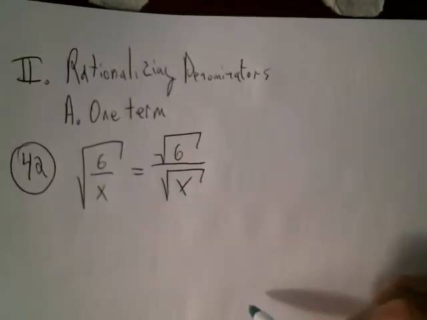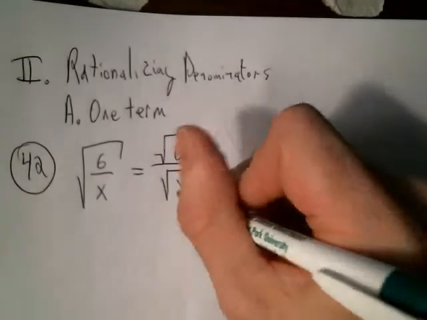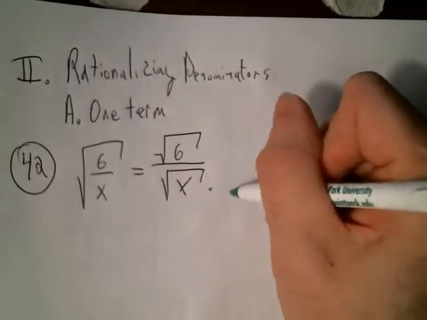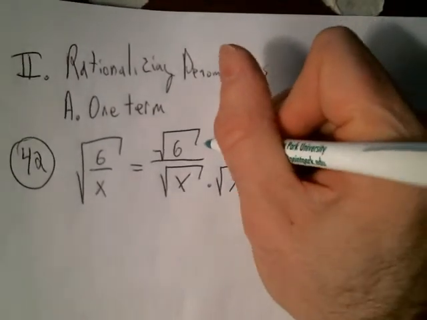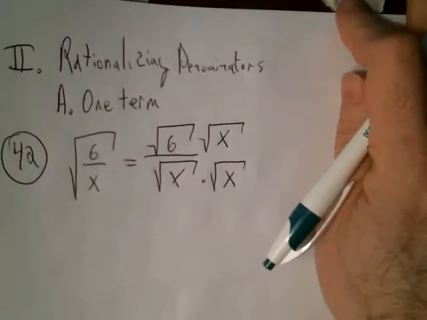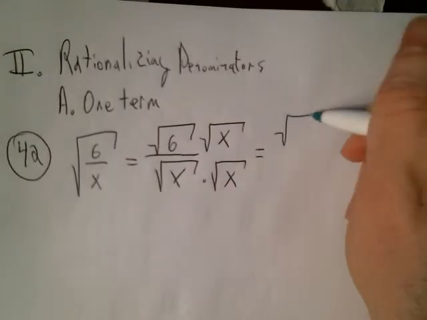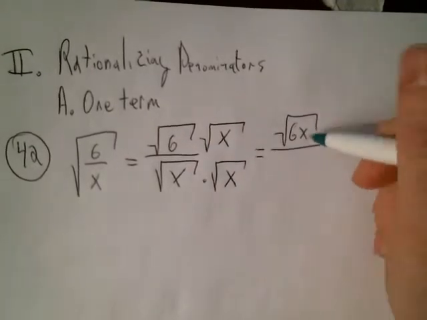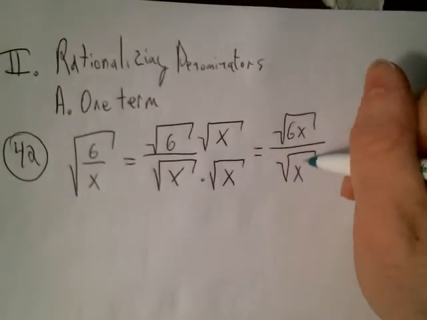In general, you have to be clever sometimes. In this case, it's pretty easy. You just multiply by the same thing and it will do the job. You're trying to get rid of the root in any way you can from the denominator. So in the numerator, you have square root 6x. In the denominator, I have square root x times square root x, which is the same as the square root of x squared.